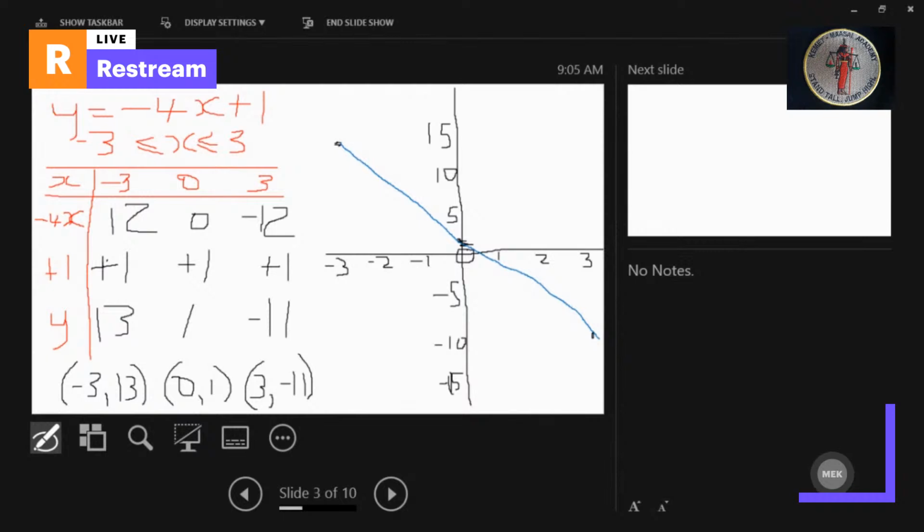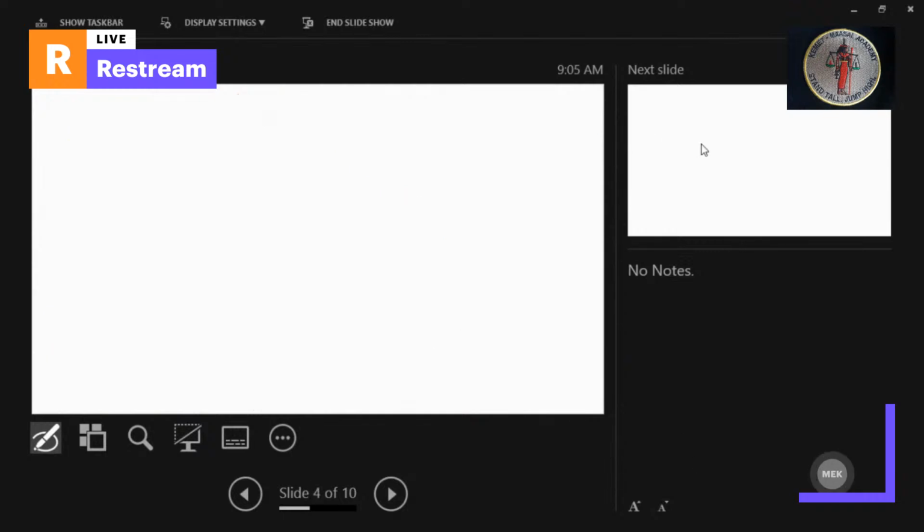If we're told it's from negative 3 to 3, we're going to list out everything from negative 3 to 3. So that would be negative 3, negative 2, negative 1, 0, 1, 2, 3, all of them. And we don't use a ruler when we are connecting the points for the quadratic. We just use our free hand and connect the points.